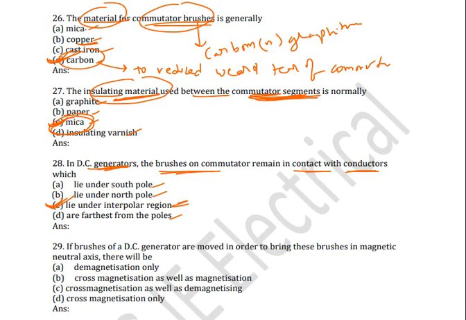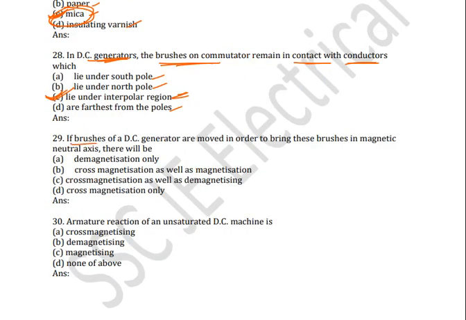Next question. If brushes of a DC generator are moved in order to bring them to the magnetic neutral axis, there will be demagnetization only, cross magnetization as well as magnetization, cross magnetization as well as demagnetization, or cross magnetization only.